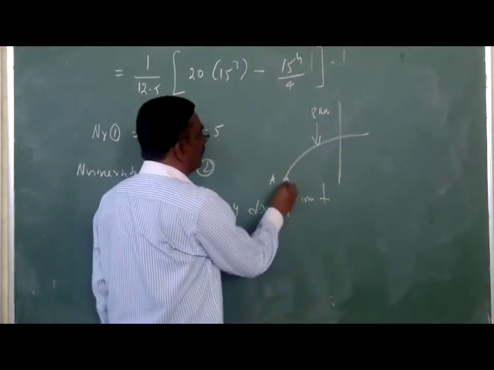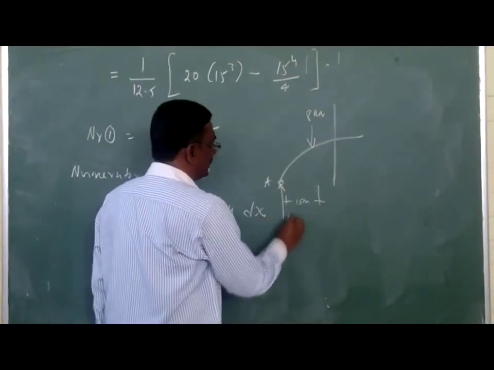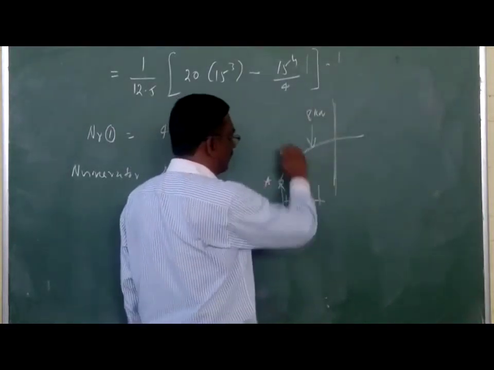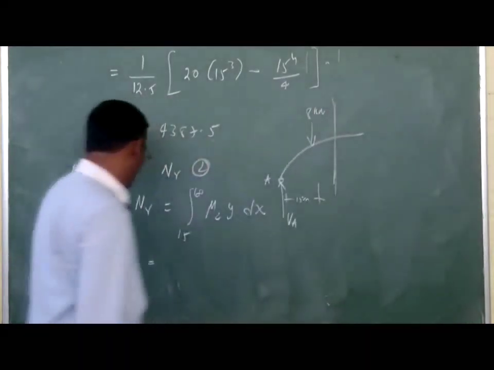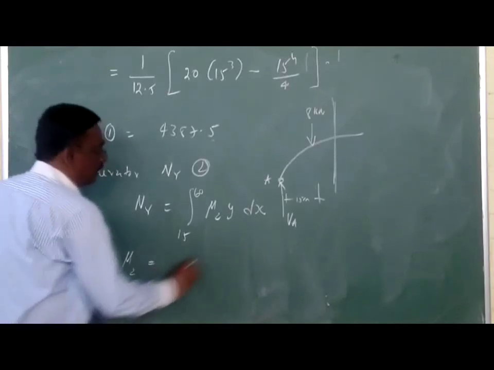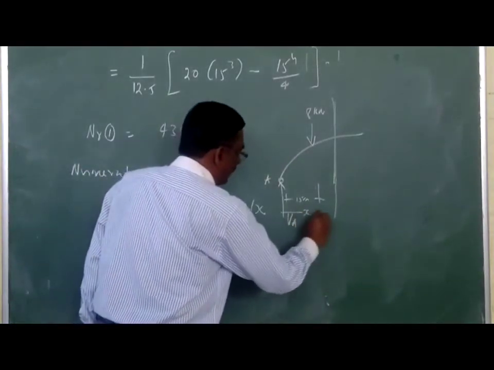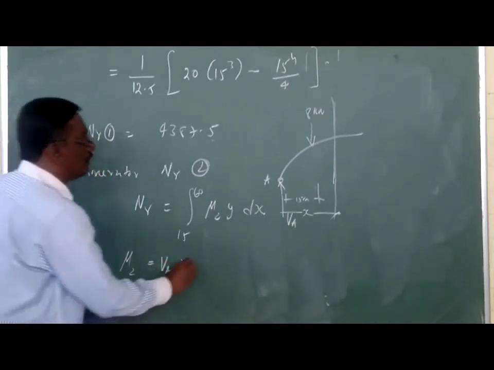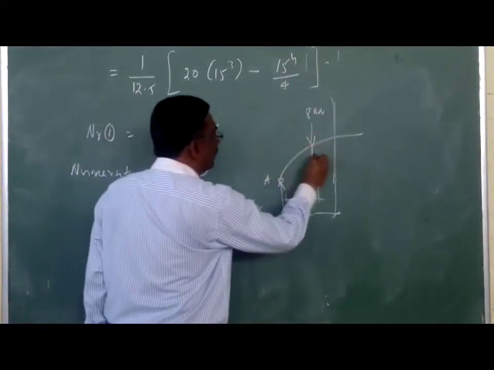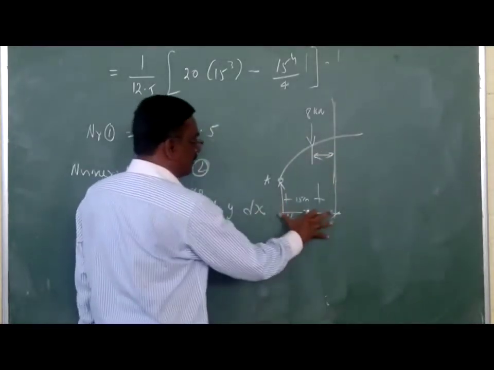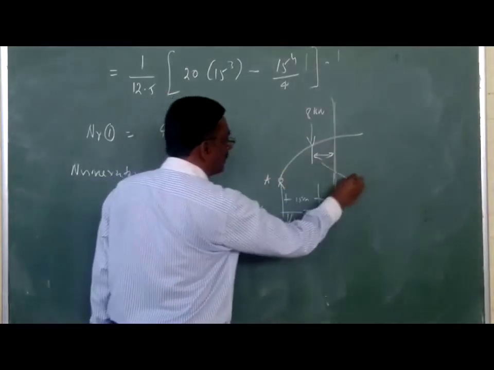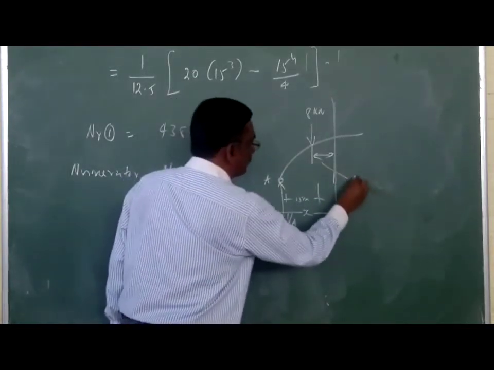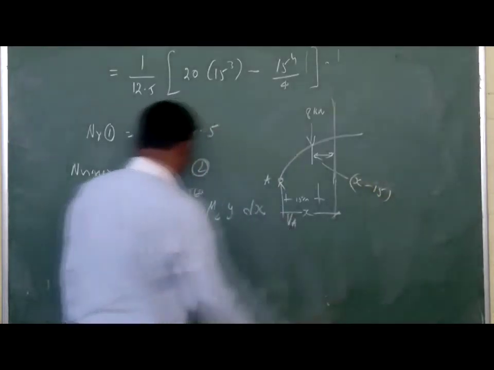We have to include both forces: VA, the upward vertical reaction, and the downward load. We have to take moment of these two forces about this section. Let this distance be x. So VA times x, and then this distance: this is x and this is 15, so it is x minus 15.